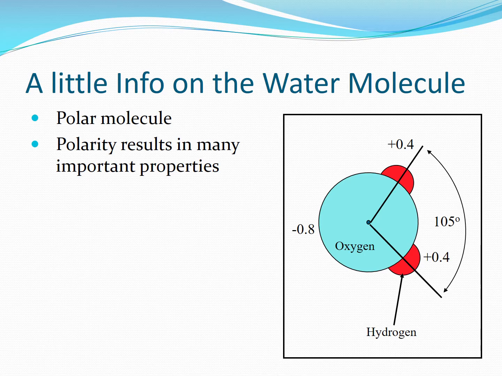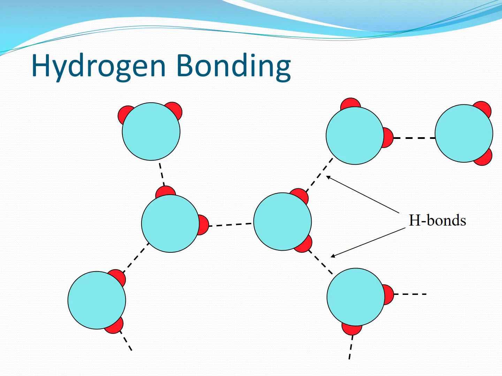Okay, so a little info on the water molecule. Ultimately, we have a polar molecule, and the polarity results in many important properties with water. First and foremost, one of the most important properties about water that ultimately influences how we manage soils and water going through them are hydrogen bonds between individual water particles.